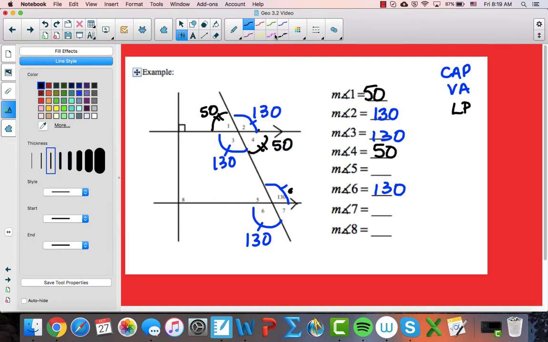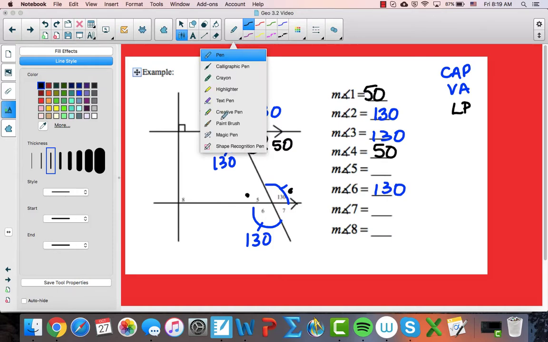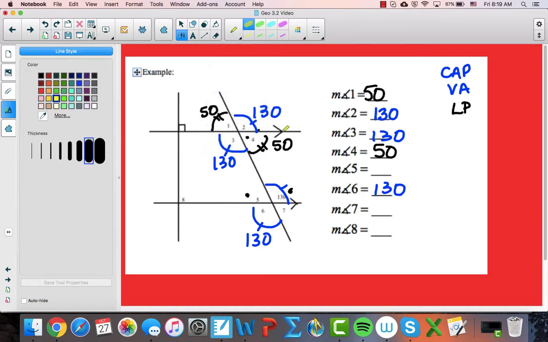Now, I'm kind of stuck here because I want you to notice that angle 4 and angle 5 are alternate interior angles. Now, you may see this another way, but I want you to notice that alternate interior angles, let me actually make this a little thinner, form a Z. I'm highlighting it.